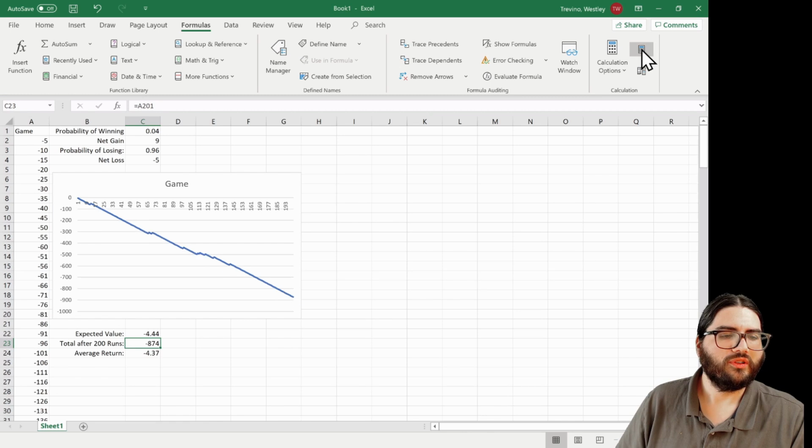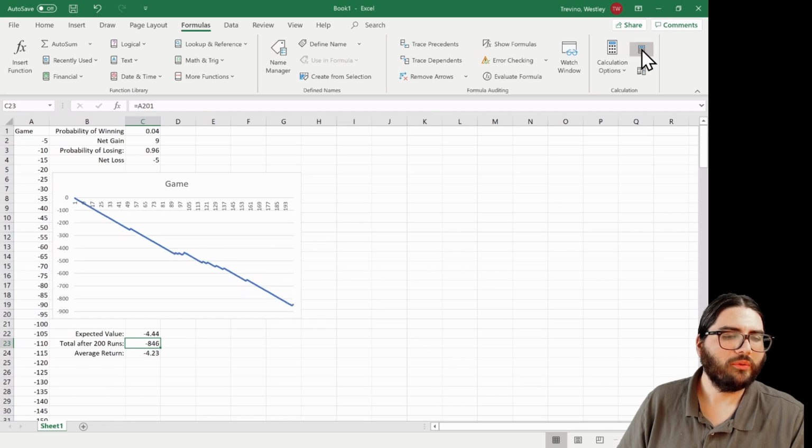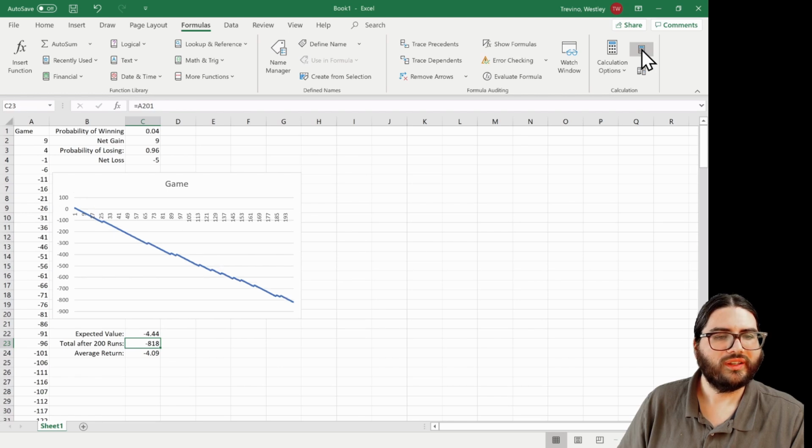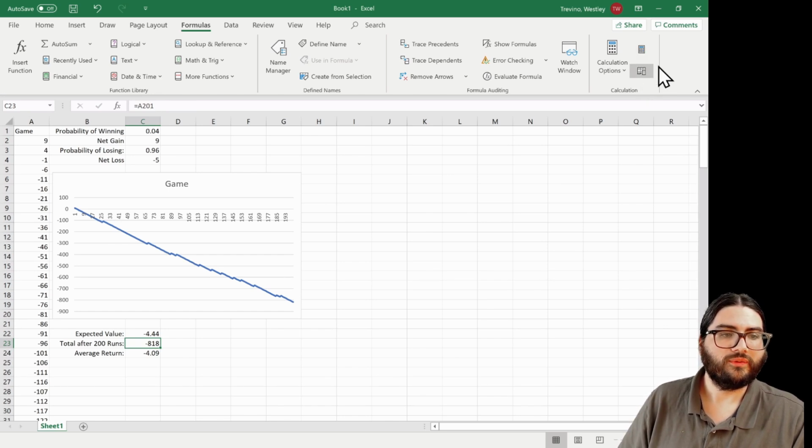And that number looks to be getting almost to -1,000, sometimes a little bit less. No matter how many times I click the calculator button, I'm not getting a very good result. I'm definitely not getting anywhere close to the positive side of the chart.